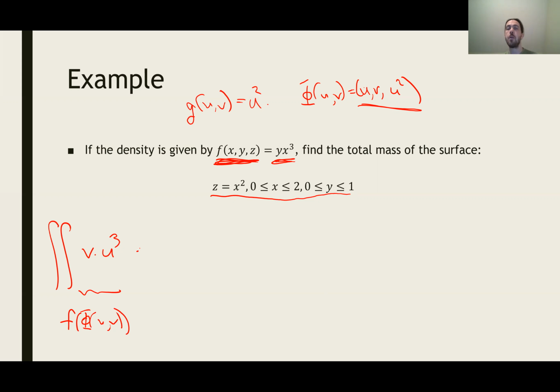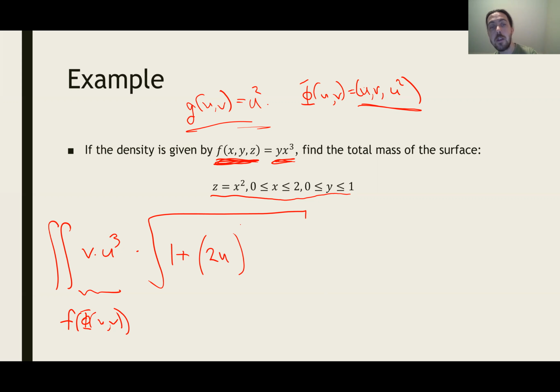And then we're supposed to multiply it by the area distortion factor. But the area distortion factor, because we've got the graph of a function, it's still the square root of 1 plus the derivative of g with respect to u squared plus the derivative of g with respect to v squared, du dv.